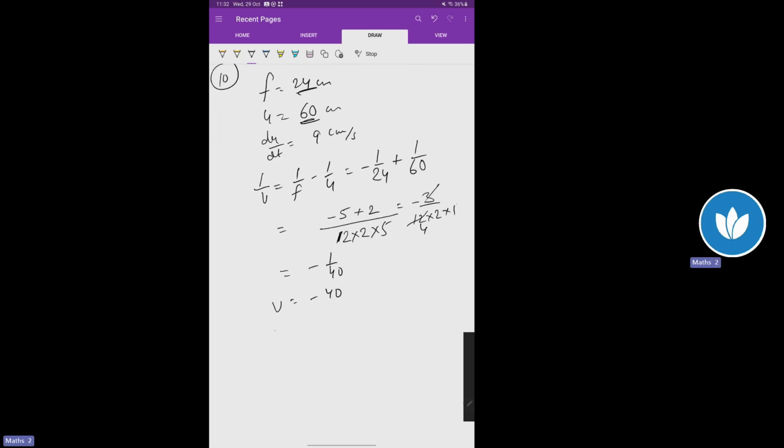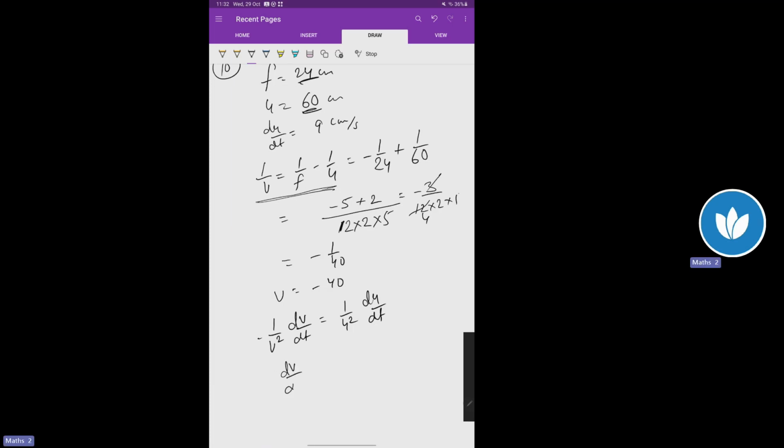And after differentiating this equation, we'll get 1 by V square dV by dt is equal to 1 by U square dU by dt.